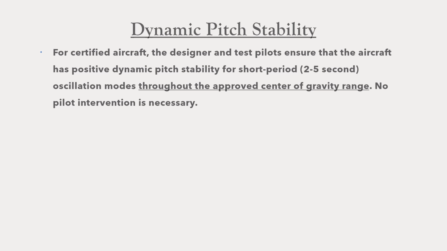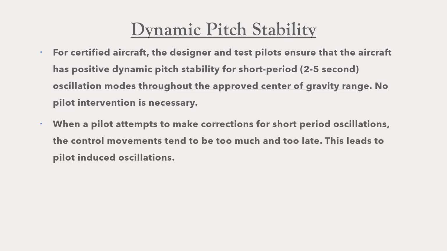The certification criteria for airplanes is that the aircraft must have positive dynamic stability for this mode throughout the whole approved center of gravity range. So as long as you've got the center of gravity within the approved range, then the pilot doesn't need to do anything in order for this dynamic mode to settle down and everything go back to equilibrium.